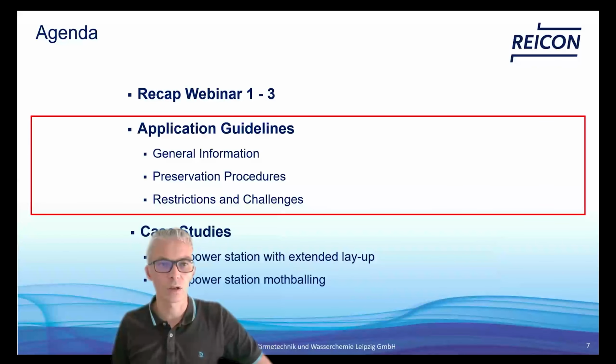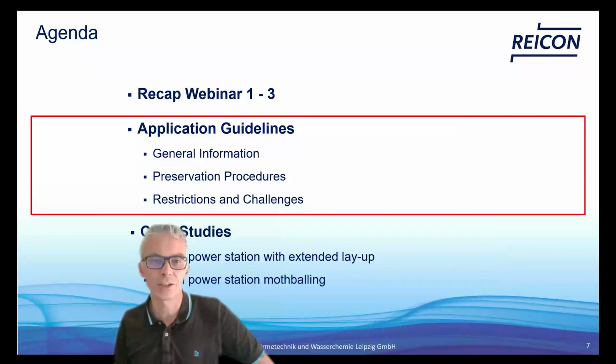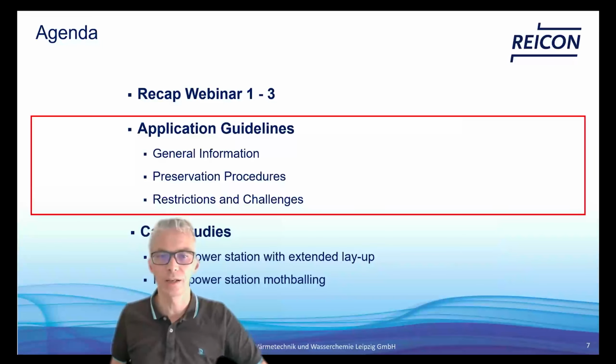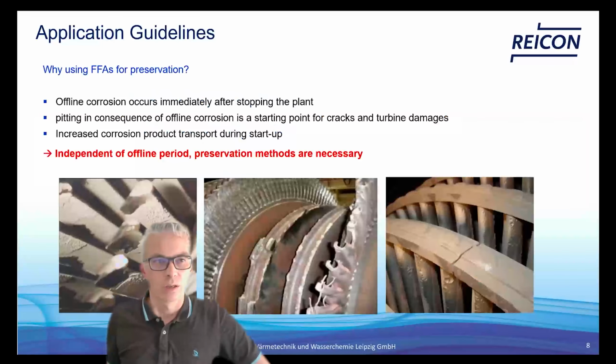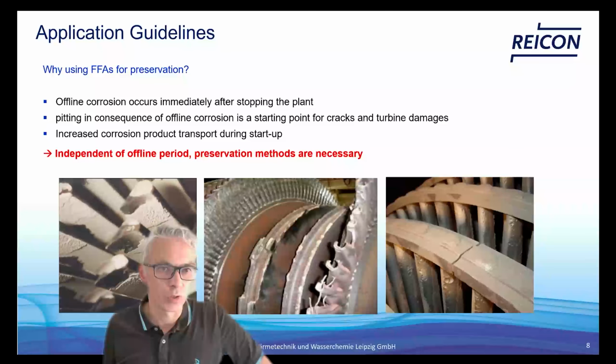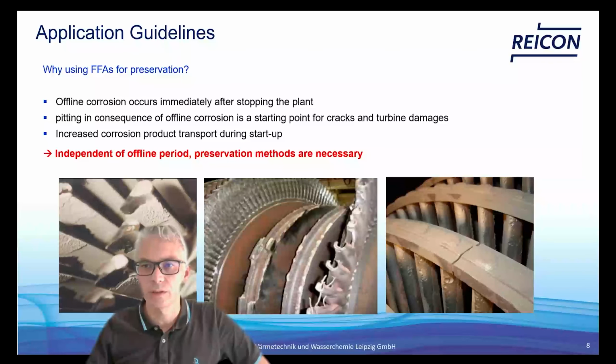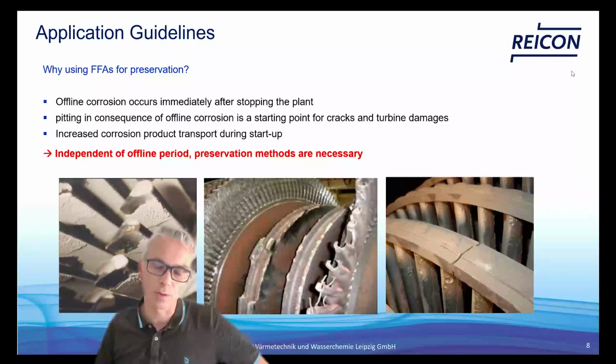Okay, so then we start with some application information, especially when you're considering why you should consider film-forming amines for your preservation. There are some points which make them more useful than traditional preservation procedures.